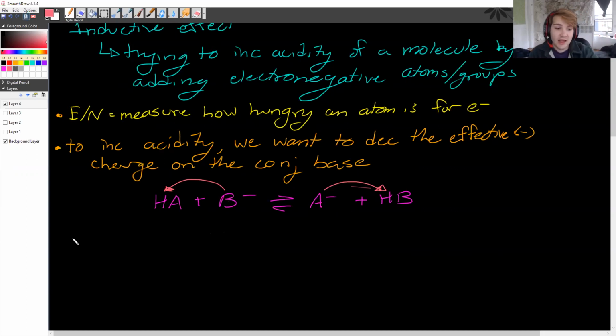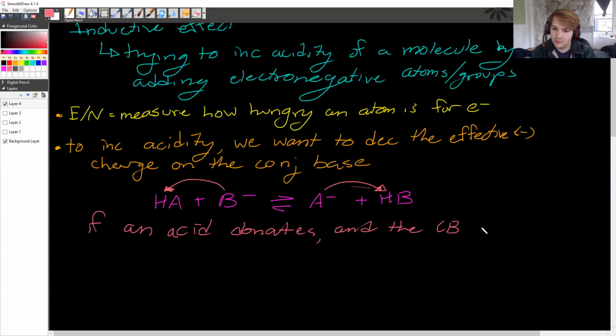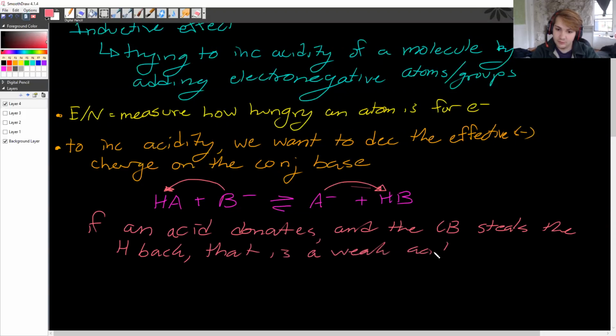So if an acid donates, and the conjugate base steals the hydrogen back, that is a weak acid. Because remember, acids donate, but if you don't really end up donating, then you're really bad at your job and you're a weak acid. Okay?